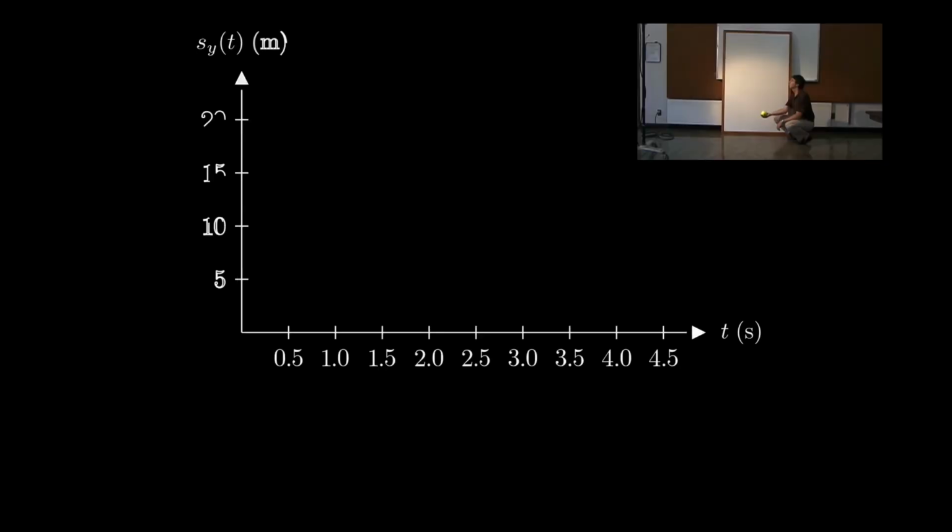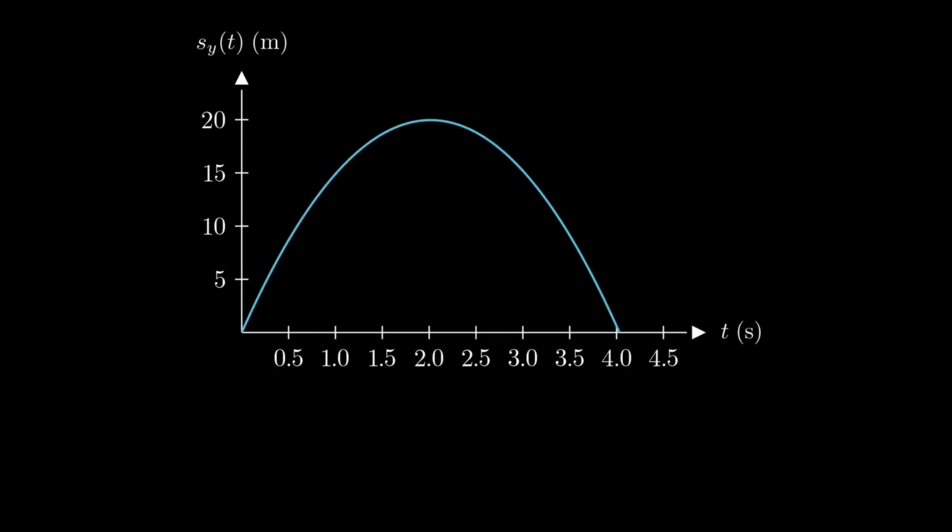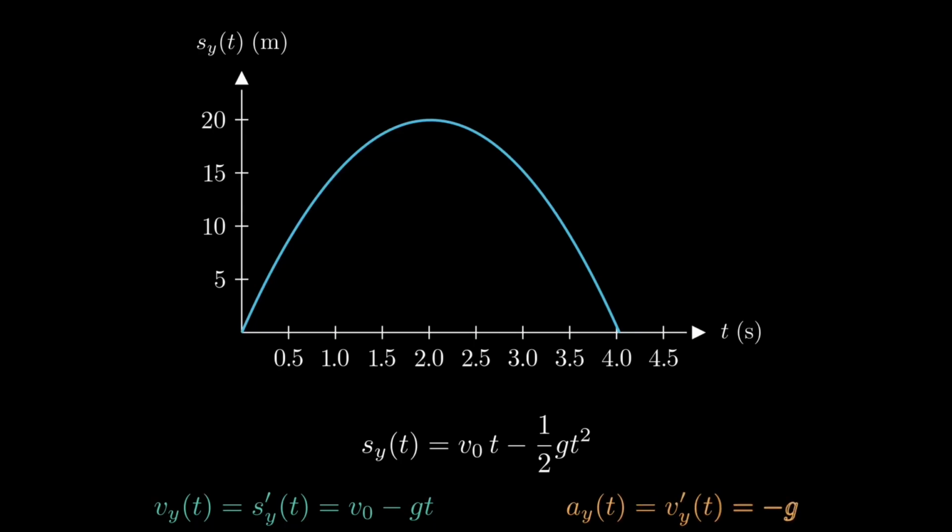As yet another straightforward example, let's take on the ball thrown into air once again. We can now find the slope using some of the results that we saw earlier. The height is given as v0t minus half gt squared, and differentiating this gives us the velocity as v0 minus gt, where v0 is of course the initial velocity with which the ball is thrown upwards.